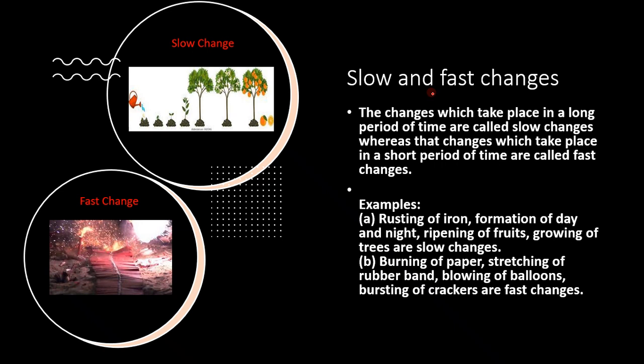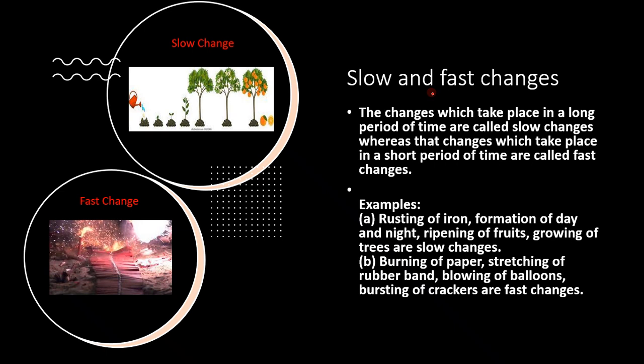Rusting of iron is a slow process. It gets rust, which is a slow change. Examples: growing of a tree, rusting of iron, formation of day and night, ripening of fruits, growing of trees are slow changes.